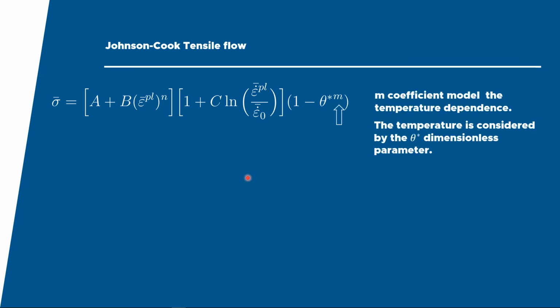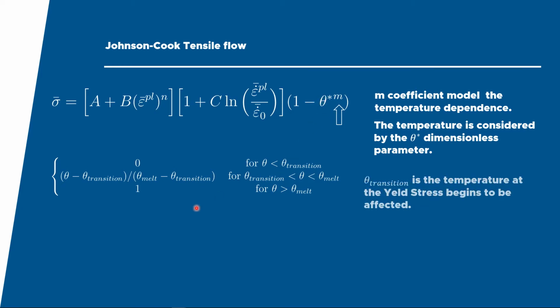Lastly, we have the temperature effects that are controlled by the M coefficient. The temperature is calculated by this dimensionless parameter theta star. The theta star is calculated by these three sets of equations. Let's first start with the definition of these variables.